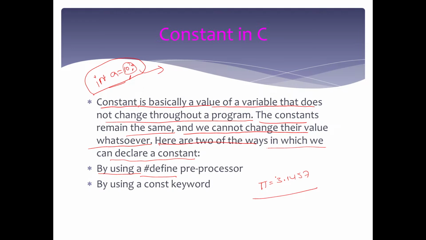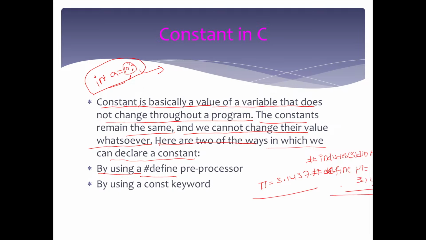So that's why, outside of the main function, after including all the header files, for example #include <stdio.h>, here itself I am going to declare this particular constant value. I can define the pi value as 3.14.